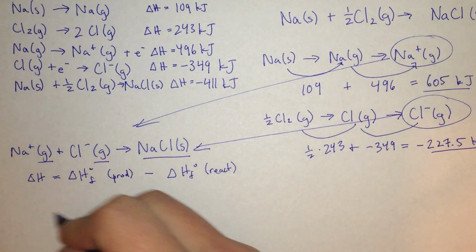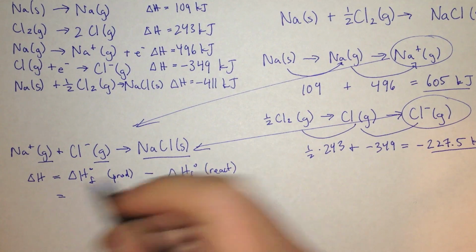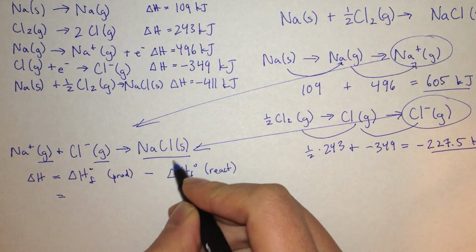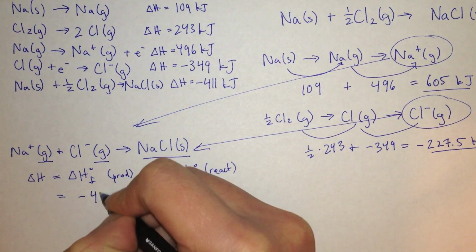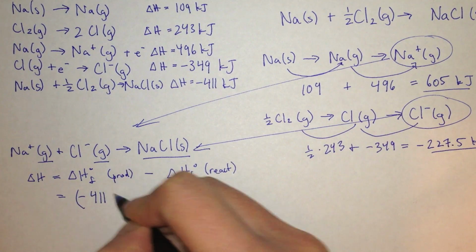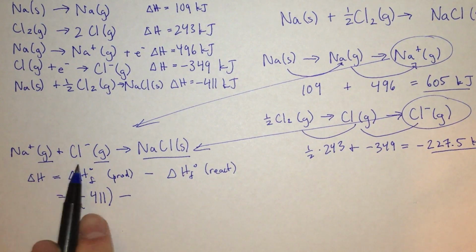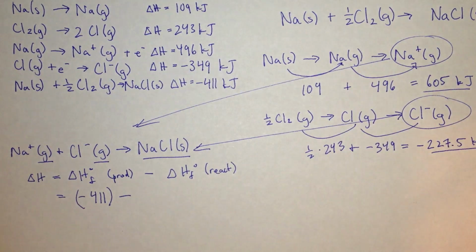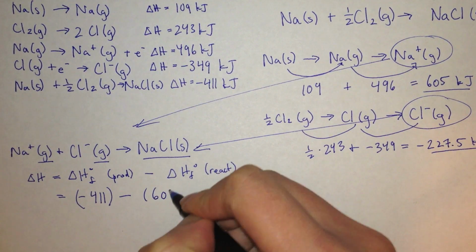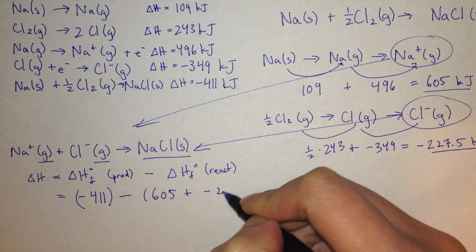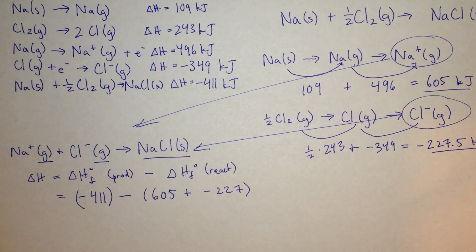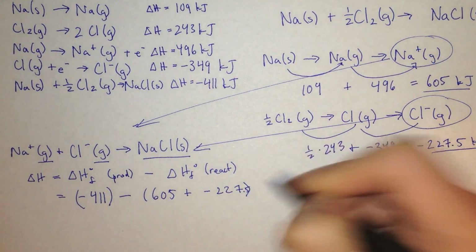So we're going to take that value for our products, negative 411, and then we're going to subtract it from the total heat of formation of our reactants, which was 605 plus negative 227.5.